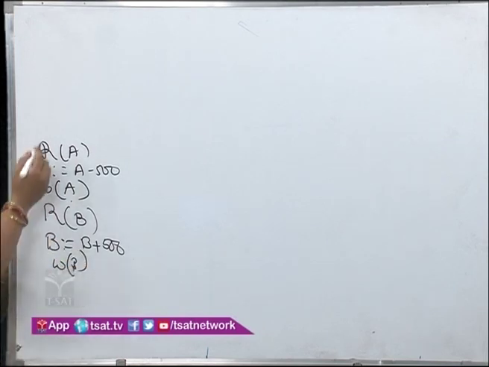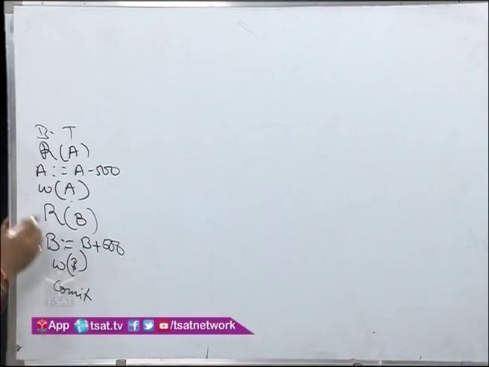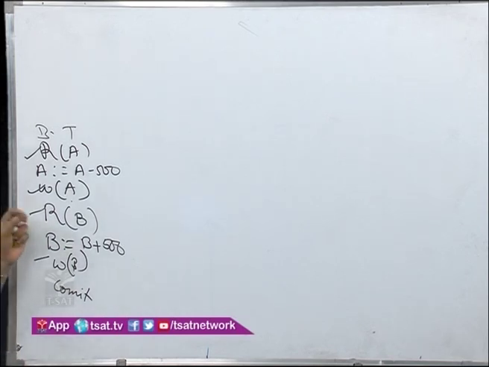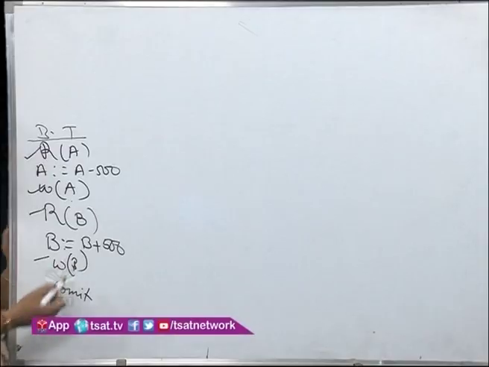So this is the transaction, and every transaction starts with a begin statement and ends with a commit statement. Now I would like to say that these read and write statements will be executed by the IO devices, whereas the update statements are executed by the CPU.